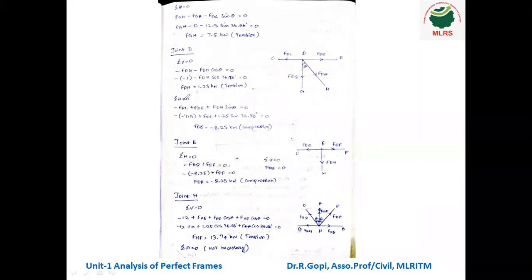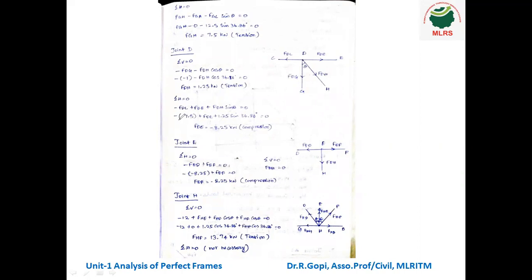Okay. So next summation of H is equal to 0. So in case of summation of H is equal to 0, FDC, FDE and FDH, these three forces will come. So therefore FDC is acting left hand side, so it is minus, and FDE acting right hand side, so it is plus, and FDH also acting right hand side, so it is positive.